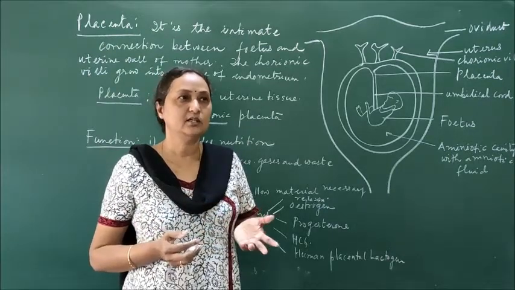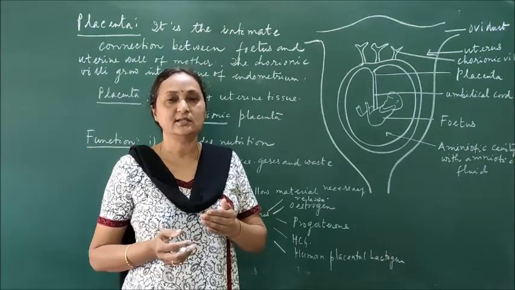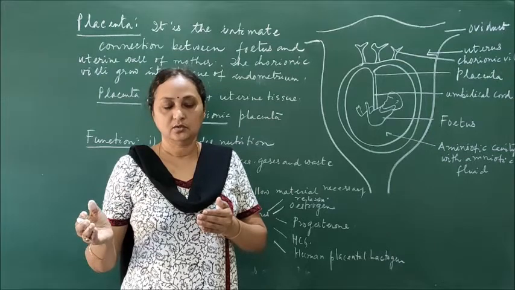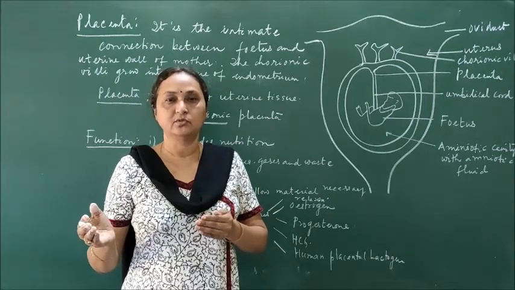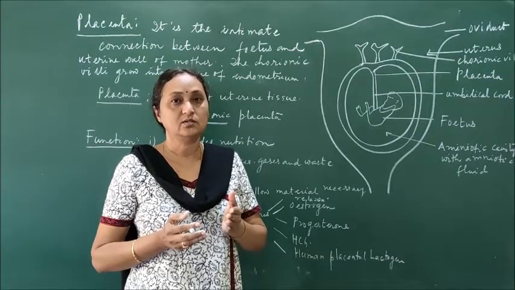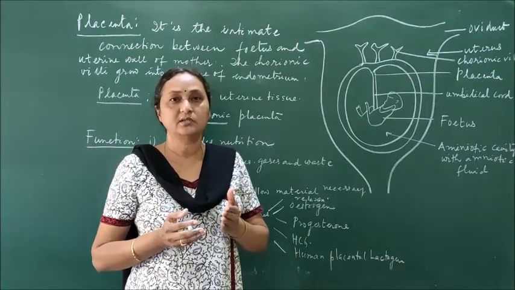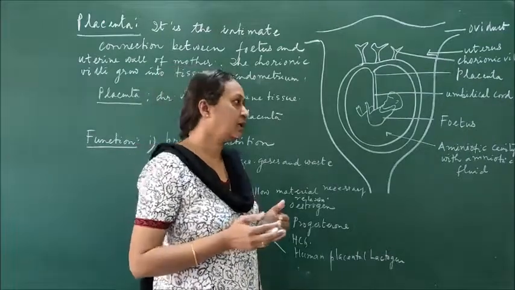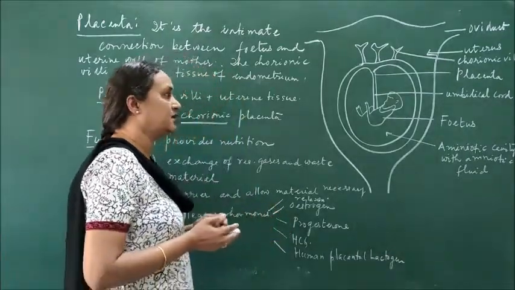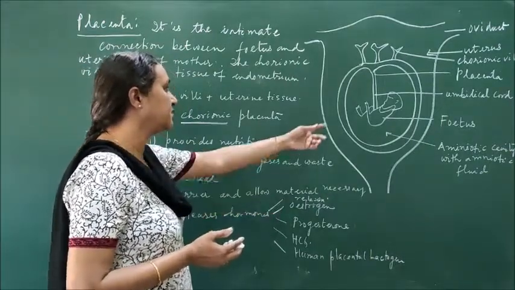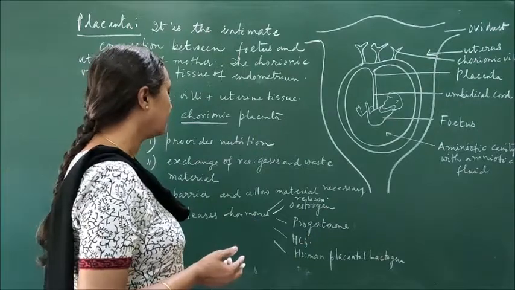If the mother is taking nicotine, then with the help of the placenta, nicotine can be transferred to the baby and it can damage the cells, or it can be responsible for abnormal growth of the baby. Or the HIV virus is also able to transfer to the fetus with the help of the placenta. Okay, but otherwise it is acting as a barrier between the mother and the fetus, and it allows only necessary material to enter into the body of the fetus.